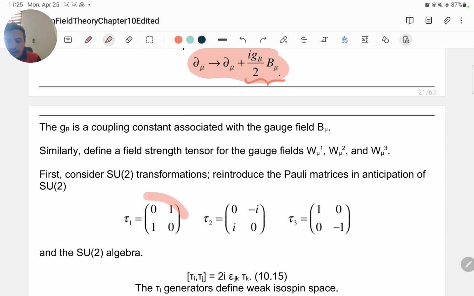So you have this one here, 0 1 1 0, and then you have a generator of 0 negative i, i 0, and then the other one is 1 0 0 negative 1. And the Lie algebra for these generators is given by this. This is the commutation relation of the three generators.